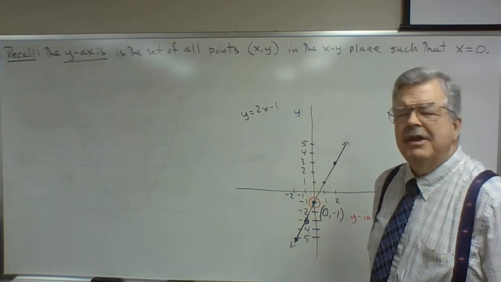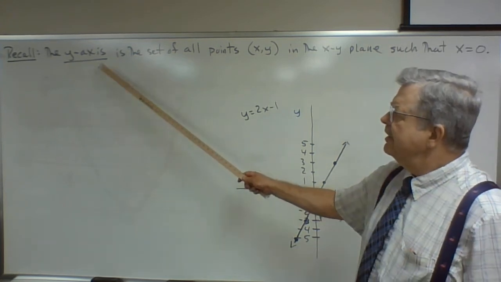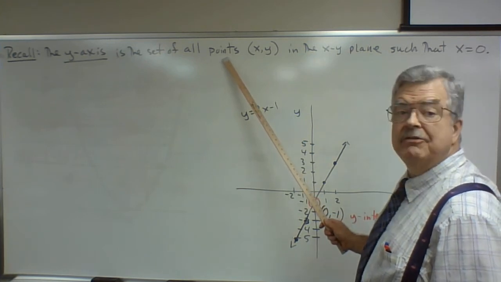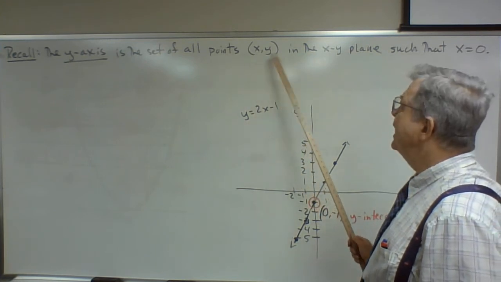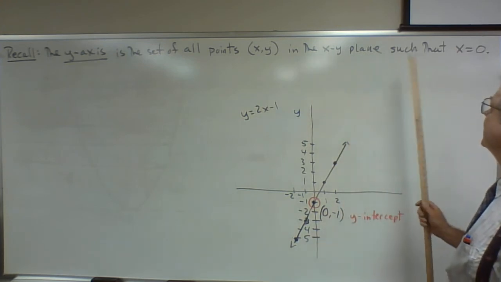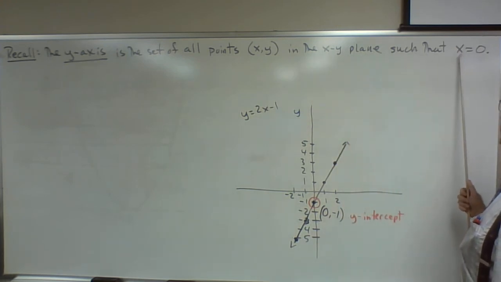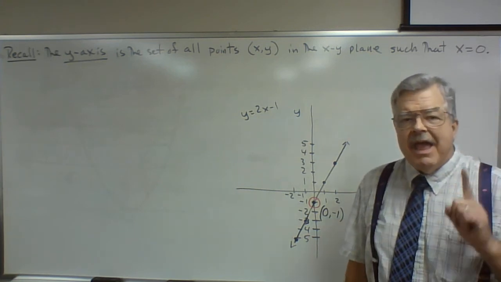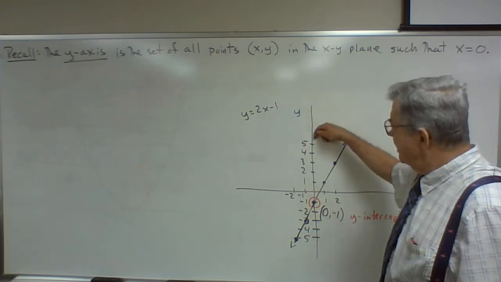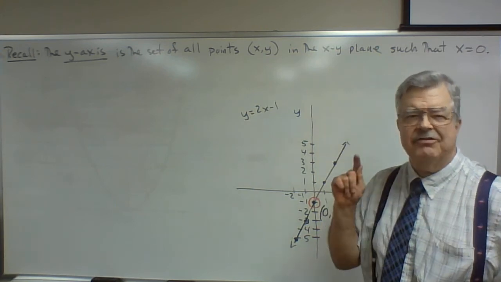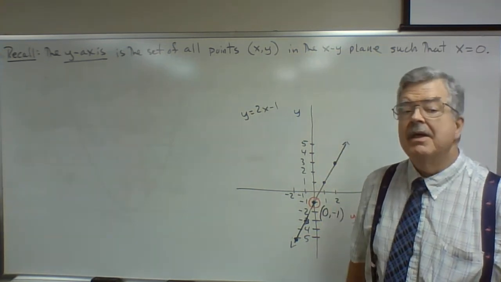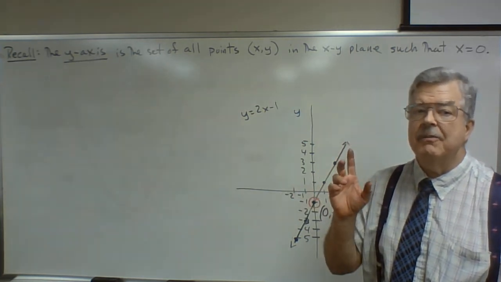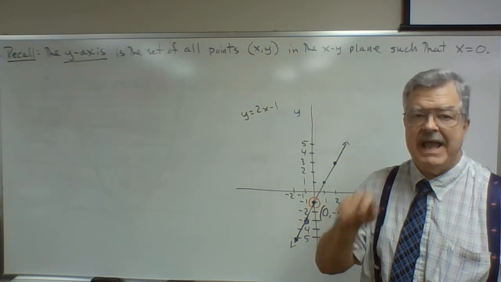Remember in class yesterday, we observed that the y-axis is the set of all points or ordered pairs (x, y) in the xy plane such that x equals 0. Every point on the y-axis is such that x equals 0. And it works the other way around too. If the x-coordinate of a point is 0, that point is on the y-axis.